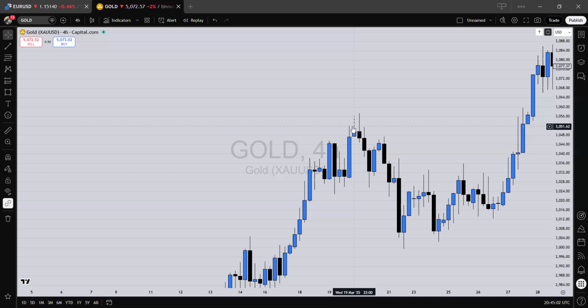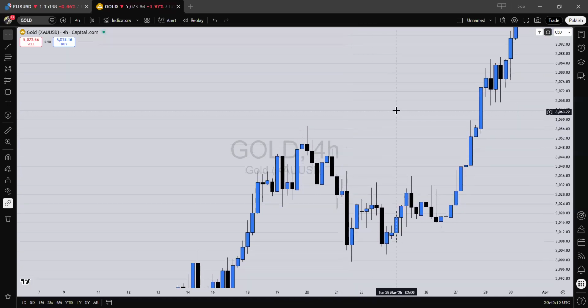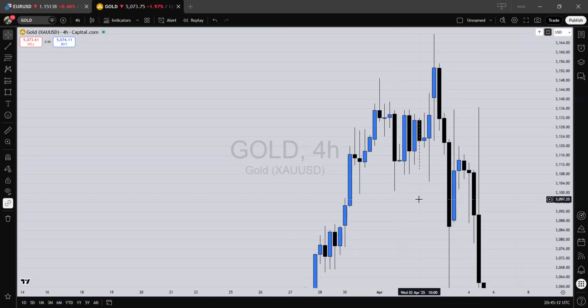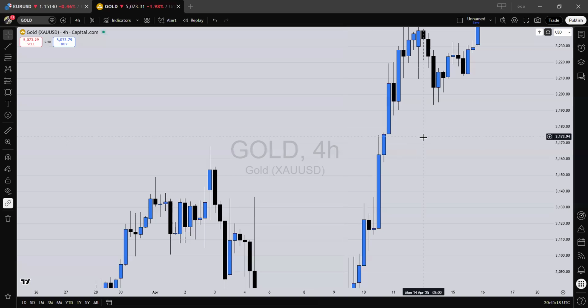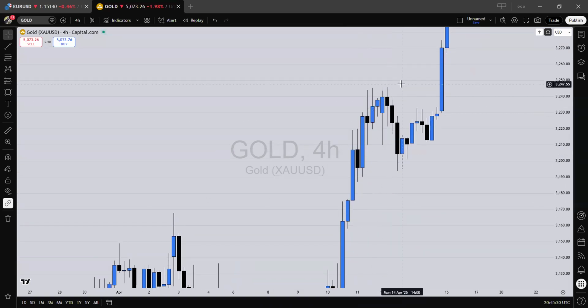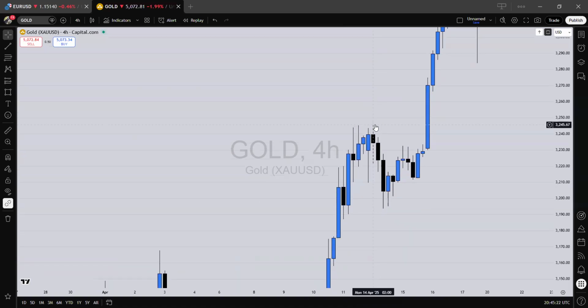I mean 3050 zone. So 50 to 60. All right. Pay attention. Here, 50 to 60 as well. Here, just retrace from 45.